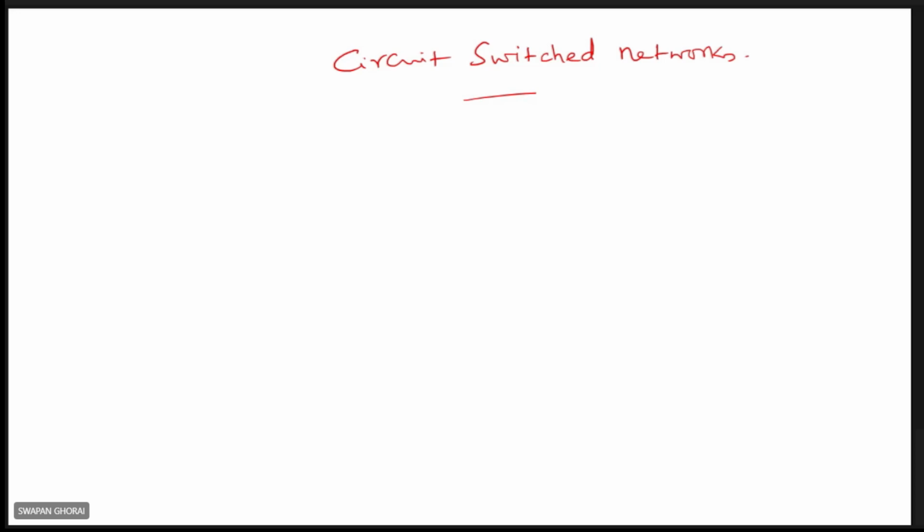And in this context, we have seen there are 3 types of switch networks. One is circuit switch networks, another is packet switch networks, and the third one is message switch networks. In circuit switch networks, which I will discuss in detail today, there will be a dedicated path between 2 stations.